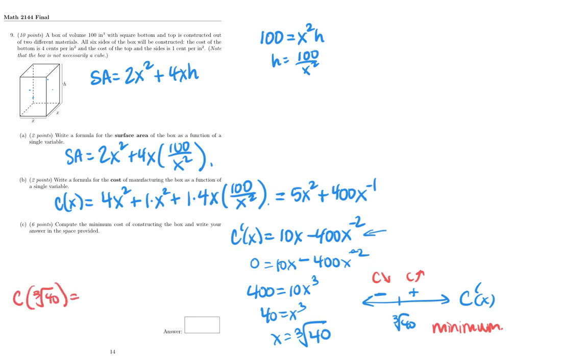So I need to plug cube root of 40 into my cost function. So when I do that, I get $175.44.